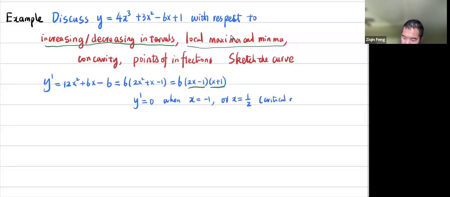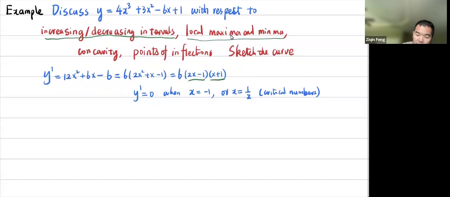If you have a local maximum or local minimum, that will happen at either negative 1 or 1/2, right? So before we do that, let's try to decide on the intervals.